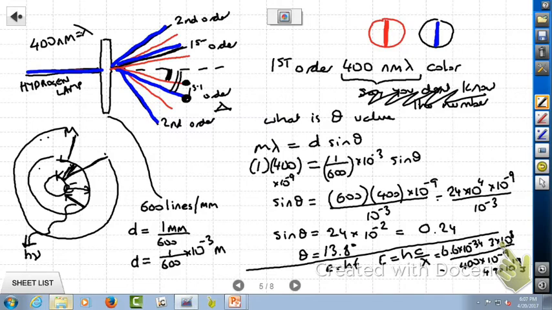So you're saying if we weren't given the wavelength, we'd have to measure the angles? Yeah, you've got to have one thing missing from this equation. So my choice as your examiner is, I've got to either give you the wavelength and ask you for the angle, or I could give you the angle and ask you for the wavelength, assuming I give you d and m.